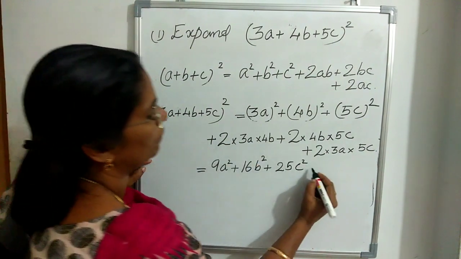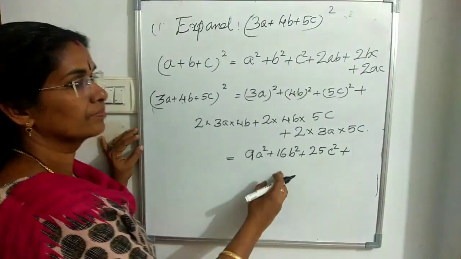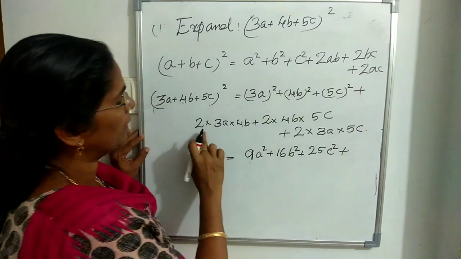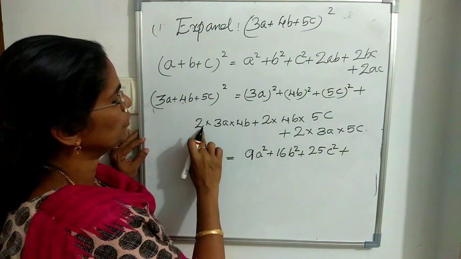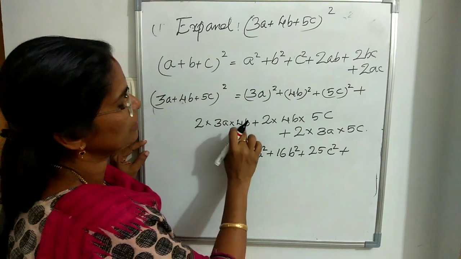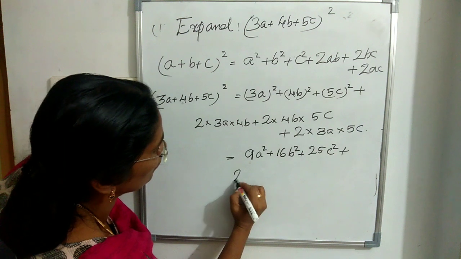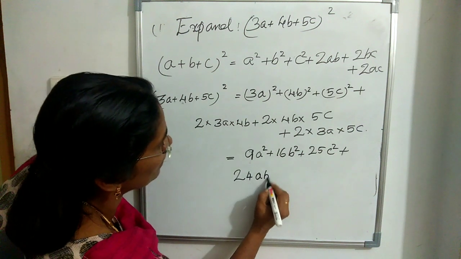Again it is plus, and we multiply the numerical numbers first. 2, 3 and 4: 2 3s are 6, 6 4s are 24. So the next term is plus 24AB.